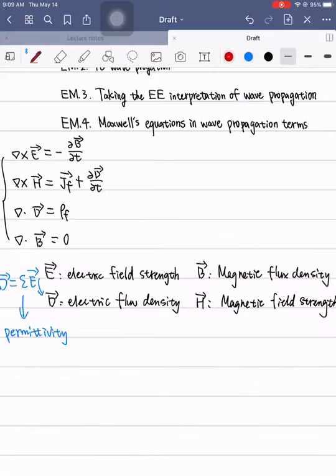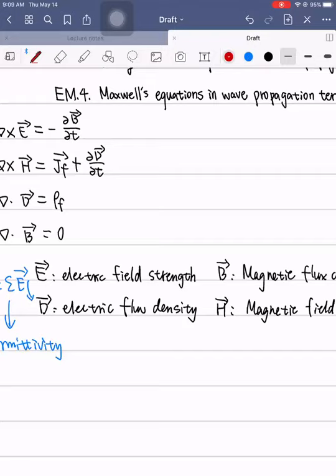And remember, the rho represents the free static charge, and the J is the free moving charges, so basically free current.